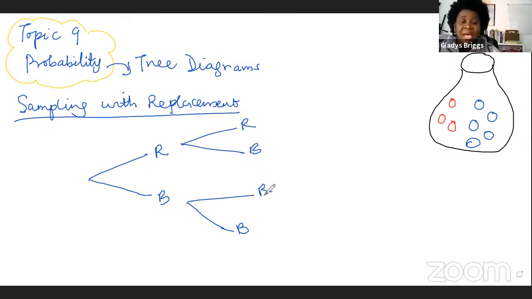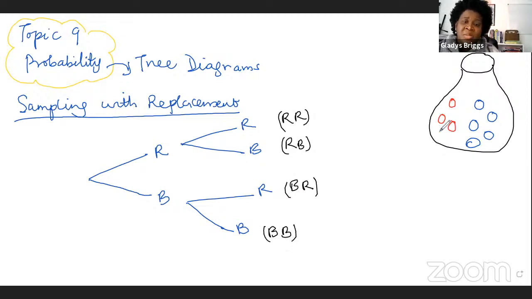Blue the first time and red the second time, blue the first time and blue the second time. So what you have at the end of your tree would be, for this branch going this way, red and red. This would be red and blue. This will be blue and red. This will be blue and blue.